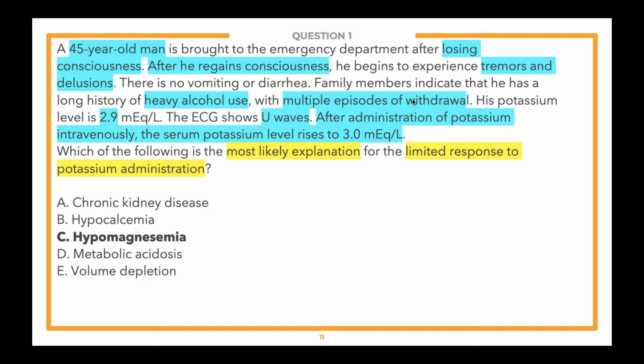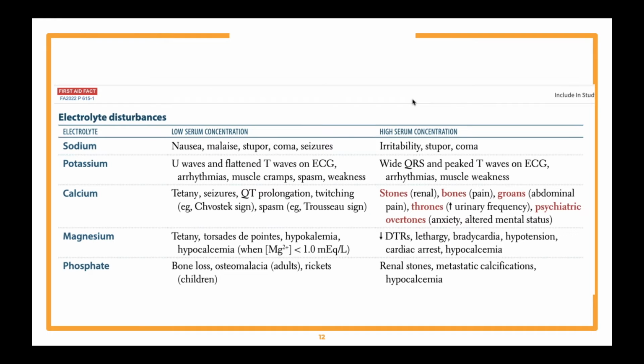If we take a look at the next slide, this is a nice little table about electrolyte disturbances in First Aid. You can see there, if you have a low concentration of magnesium, that can lead to hypokalemia, and even hypocalcemia. So patients with low magnesium are at risk of hypokalemia, low potassium.